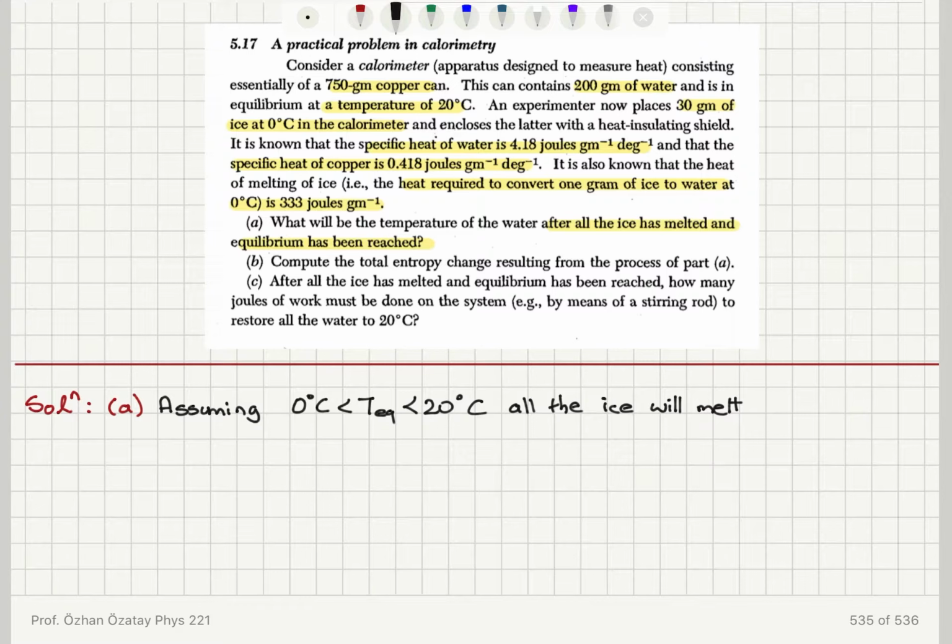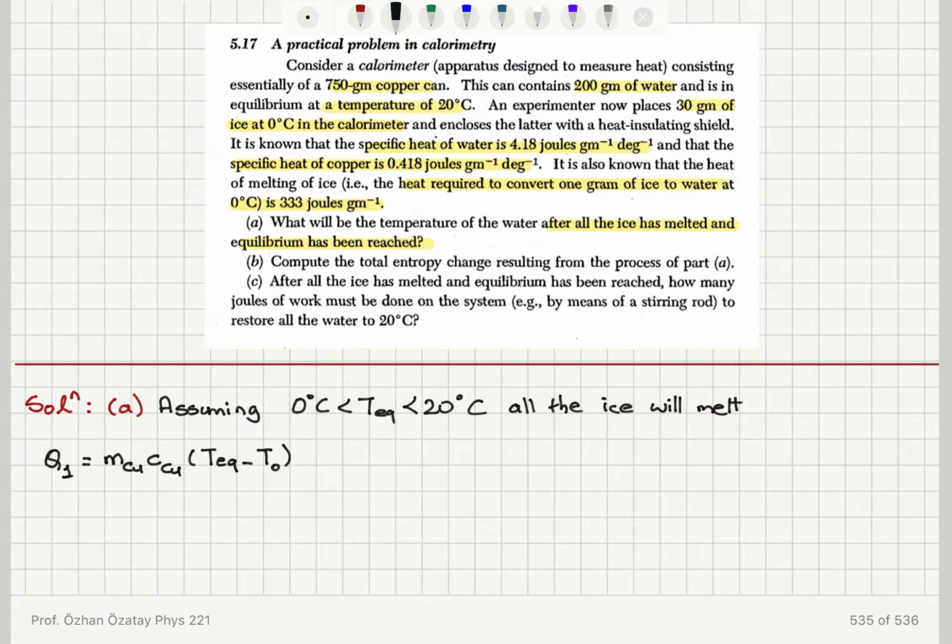In that case, the amount of heat absorbed by the copper can and the water in it will be Q1, let's call this, mass of copper, specific heat of copper, the equilibrium temperature minus the initial temperature of the system, T0, let's call it.